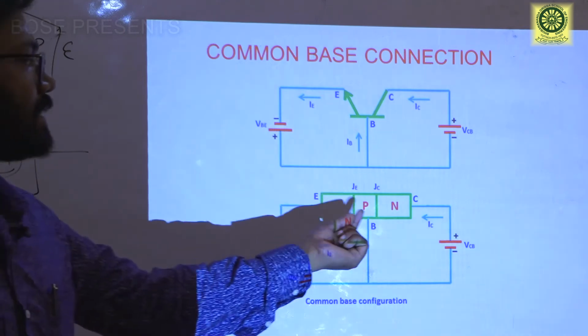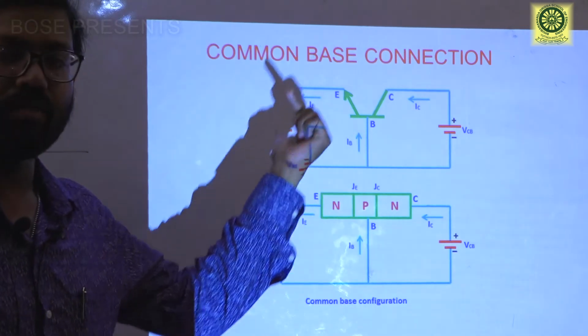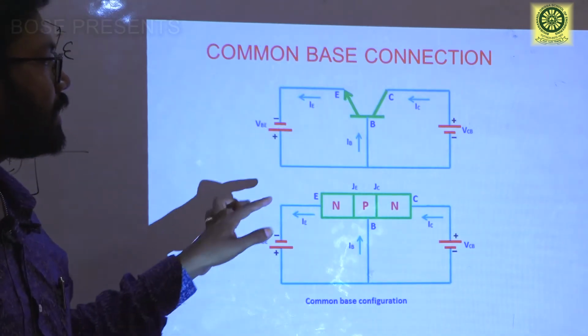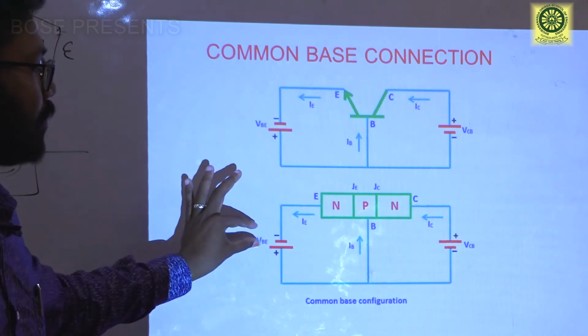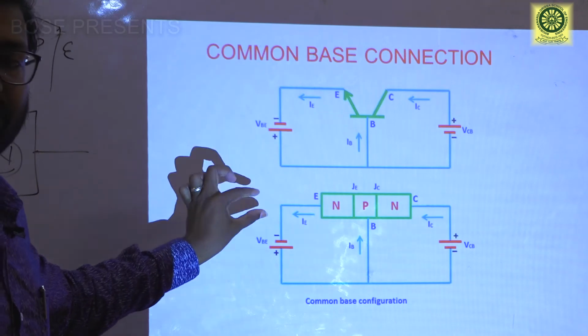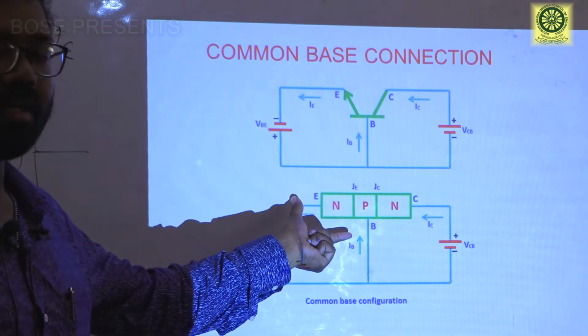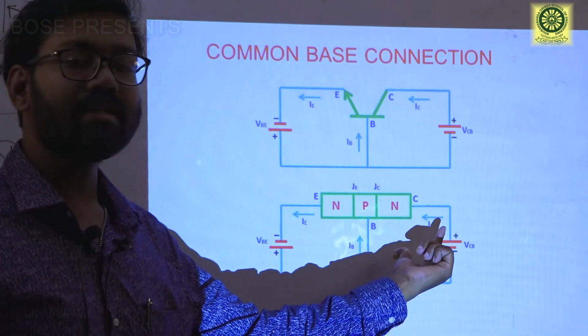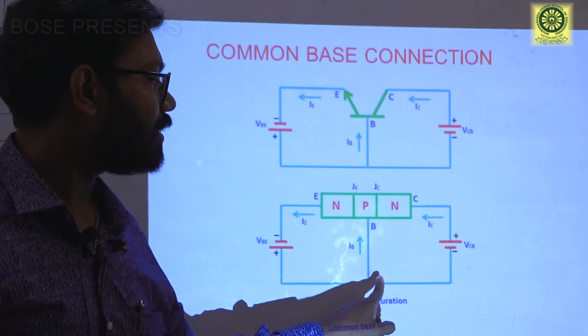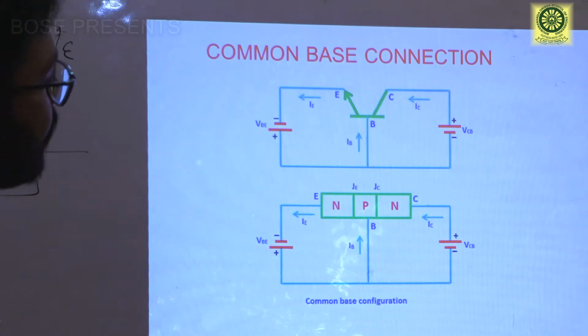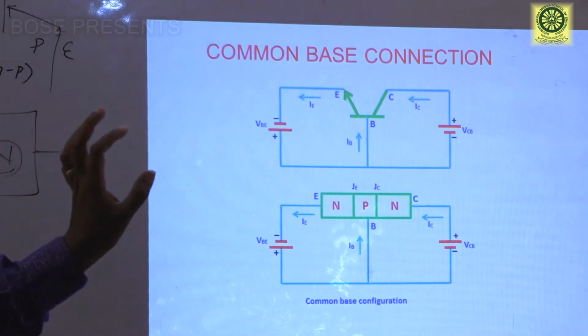VBE is the input voltage supplied between emitter and base, and VCB is the output voltage supplied to the collector and base terminal. This is the common base configuration.